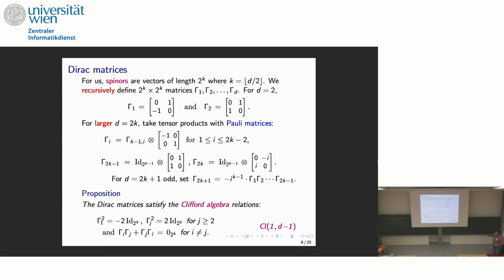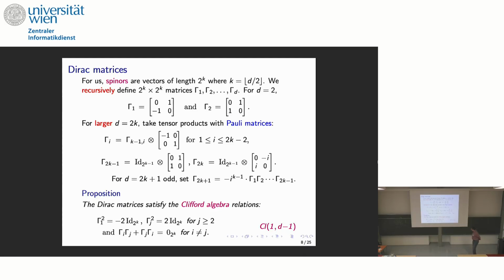And every anti-commutator, if i and j are not the same, is a big zero matrix. This means these matrices satisfy the defining relations of the Clifford algebra. They satisfy the relations stipulated in this two-sided ideal, so they are a representation of the Clifford algebra.